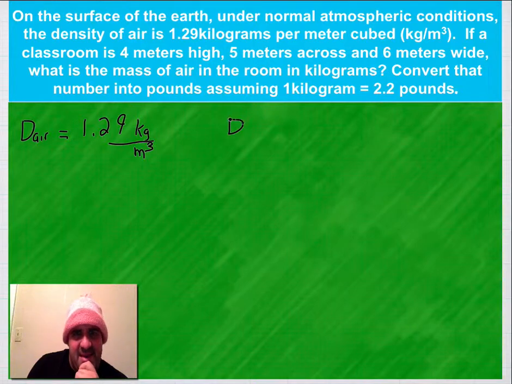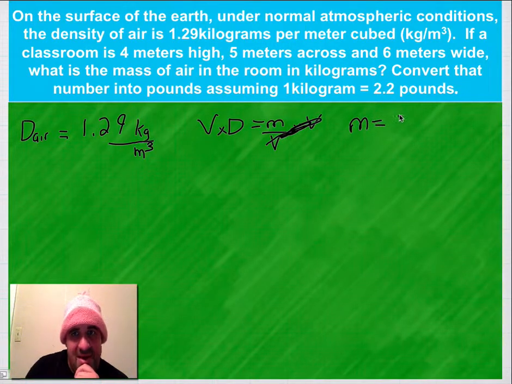We know that density equals mass divided by volume. They're asking us to calculate mass. How do we solve this equation for mass? Well, if I multiply this side by volume, I would also have to multiply this side by volume. These volumes cancel. So mass is going to equal density times volume.